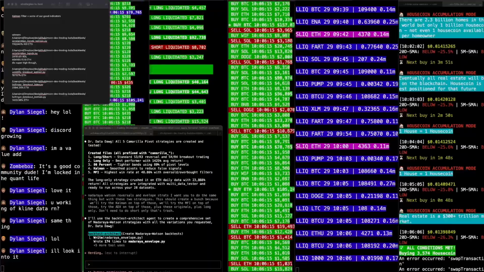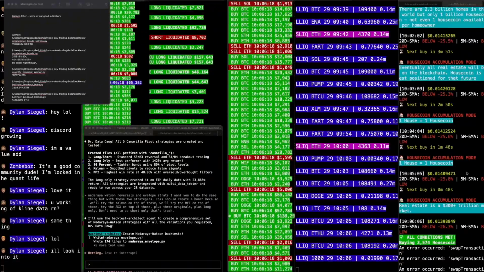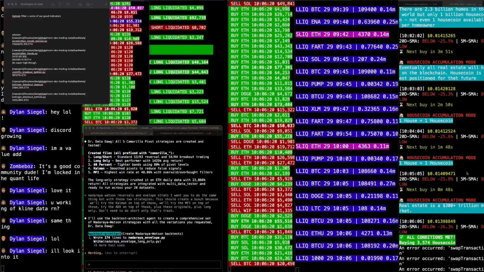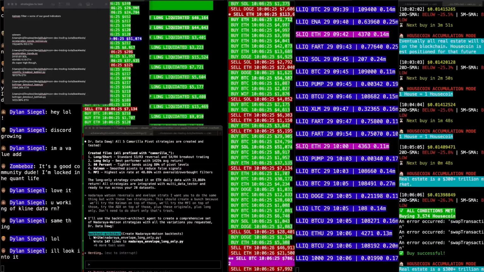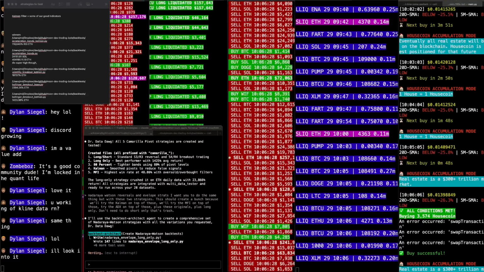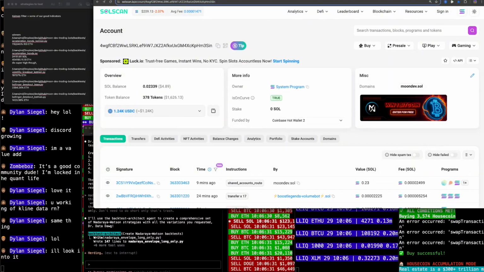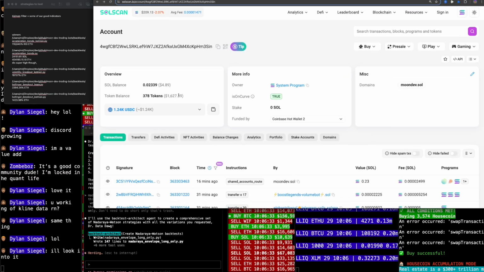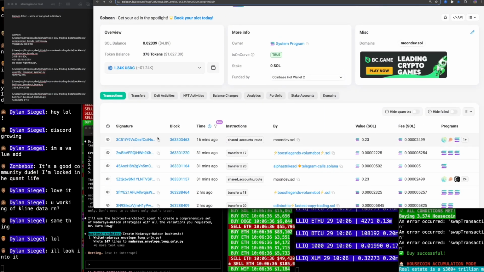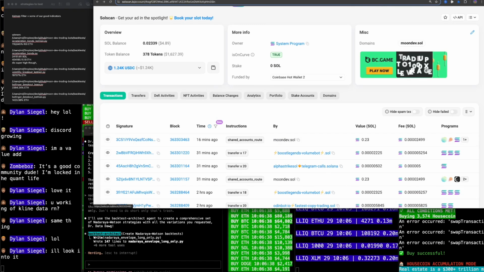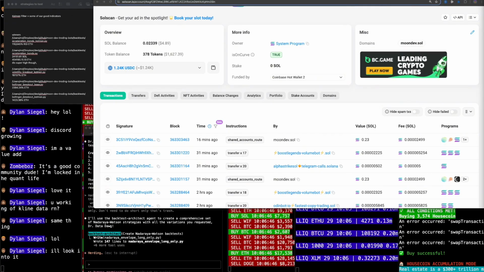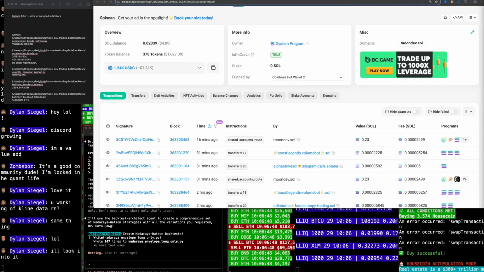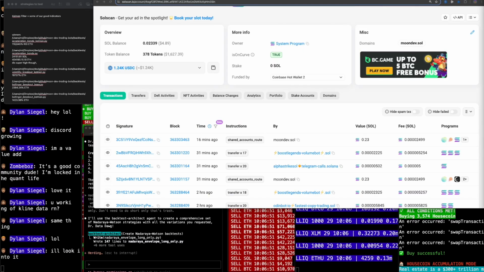Error occurred. What the hell? Okay. Buy successful, it says. Let's see if that's actually true. No, we didn't get it. We didn't get that one. That's okay. It doesn't need to buy every time. I'll have some errors here and there, and this is a long, long game.